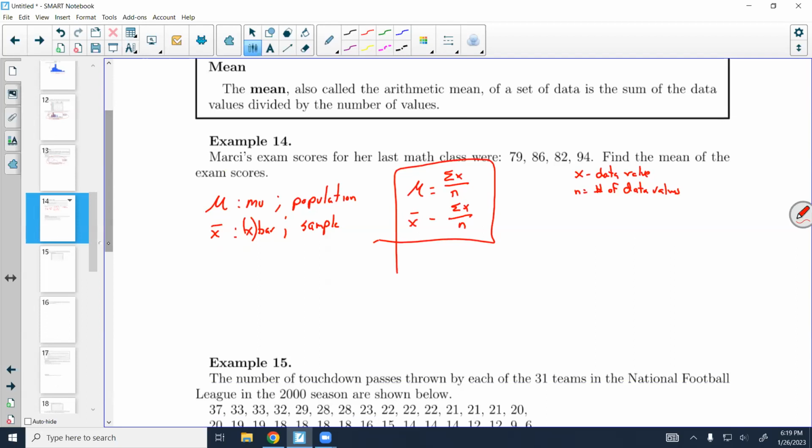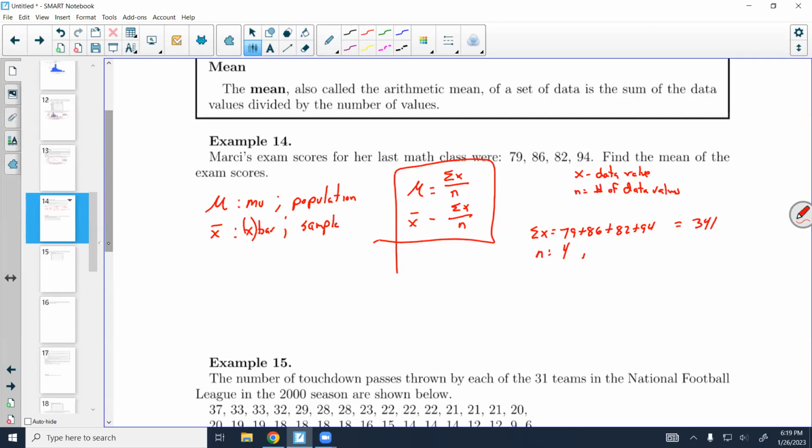So to find the mean of this group of data, I simply add all 4 of them together. 79 plus 86 plus 82 plus 94 equals 341. And then there's 4 data values. So this is my sum of X's. N equals 4.